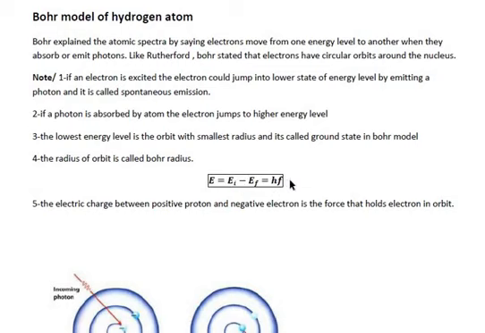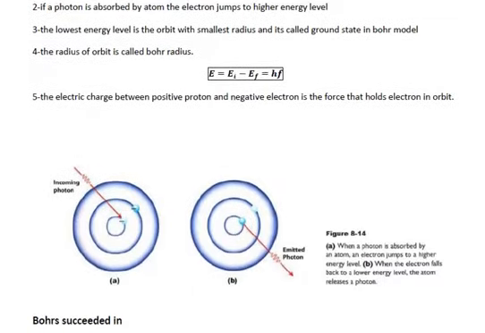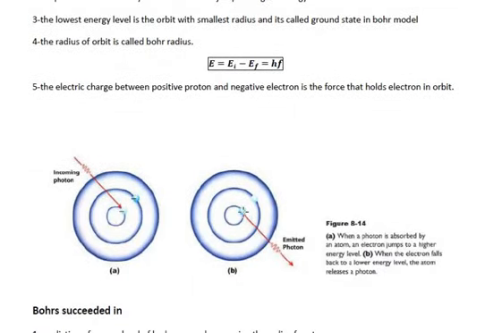So the amount of energy that's needed for an electron to jump from one state to another is equal to hf. So if an electron wants to jump from here to here, or if we want to make an electron jump from this state to the excited state, we need an amount of energy which is equal to hf.